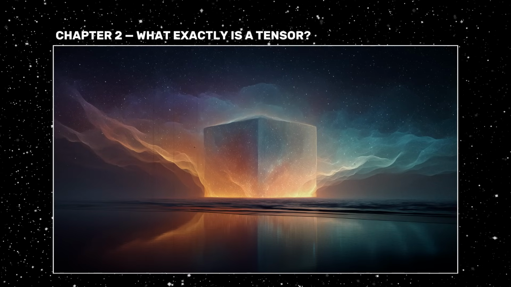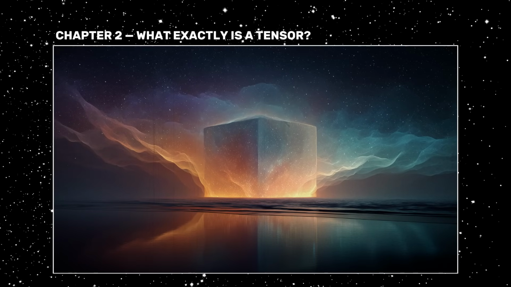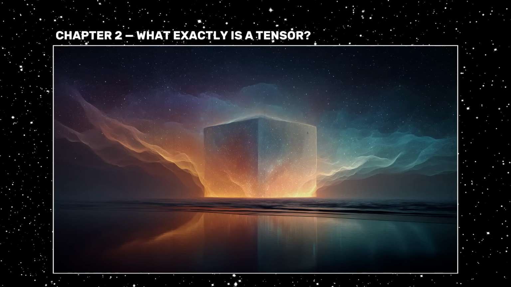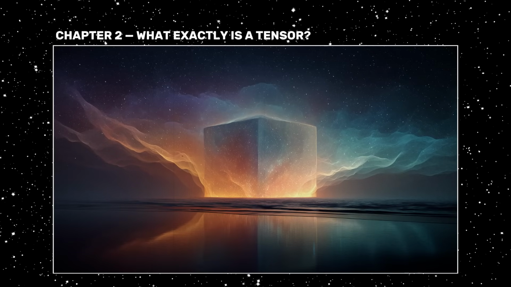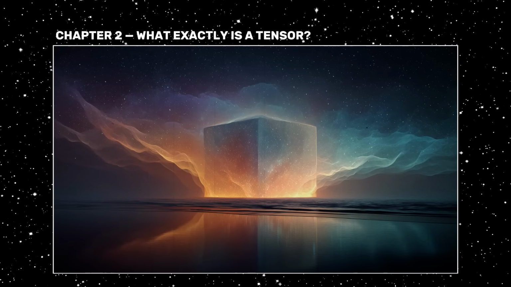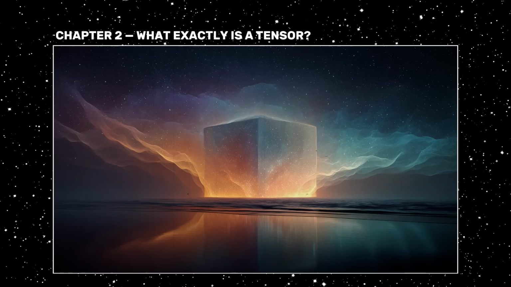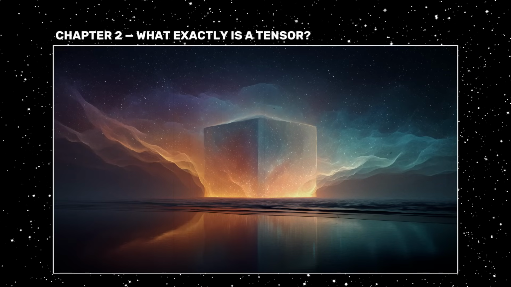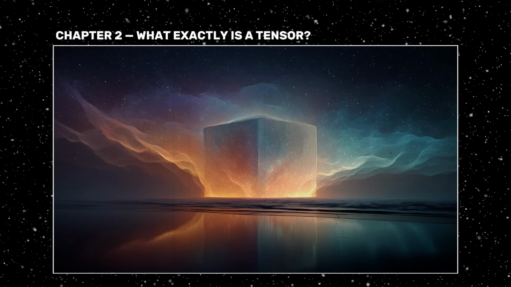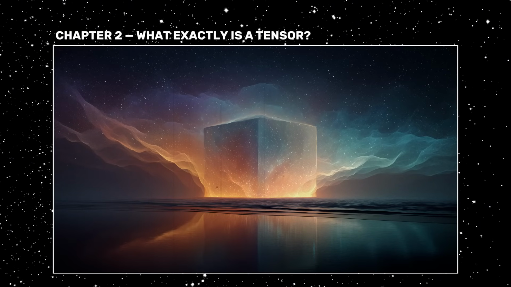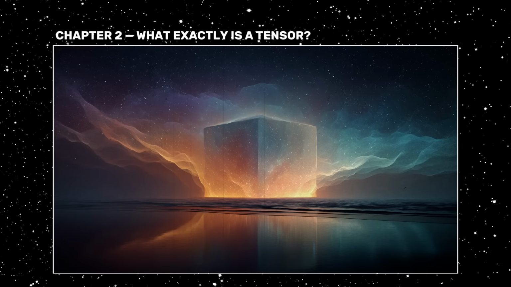It is important to note that a tensor is not tied to any particular coordinate system. When we write down its components, we are merely choosing a language, a local perspective, but the tensor itself exists beyond that choice. This distinction is subtle but essential. Many misunderstandings come from thinking of a tensor as merely a table of numbers.